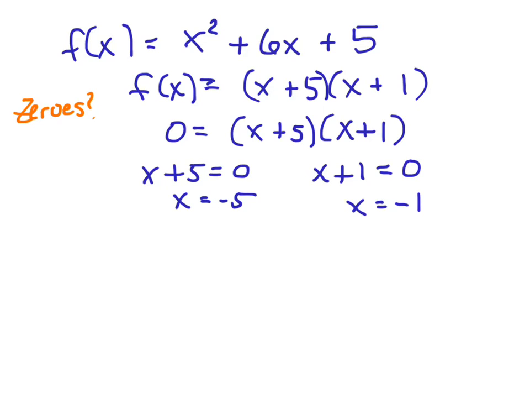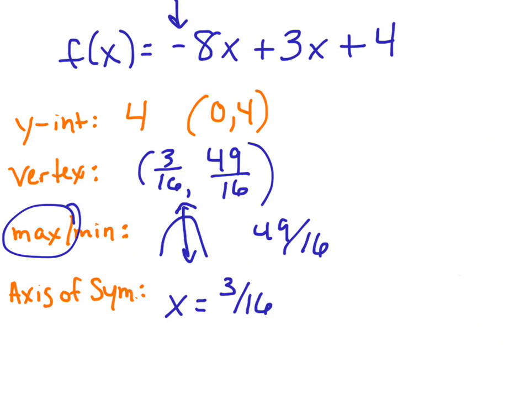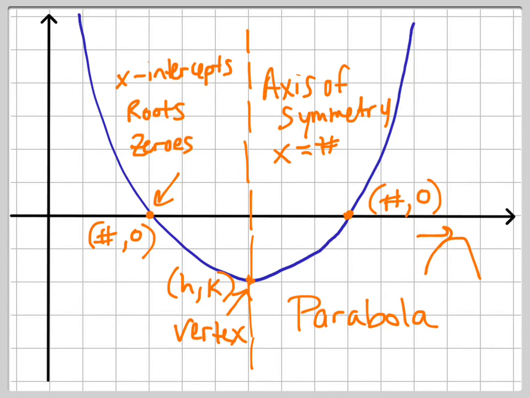Now that we have the zeros, we can also find the vertex. Here's how we'll do this. We're going to use symmetry properties. Let's look back at the graph of a parabola. Notice that because a parabola is symmetric, your zeros are going to be the same distance away from that axis of symmetry, and that axis of symmetry is lined up with the vertex.